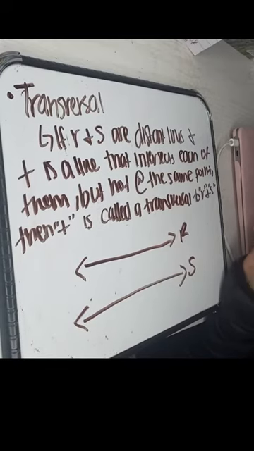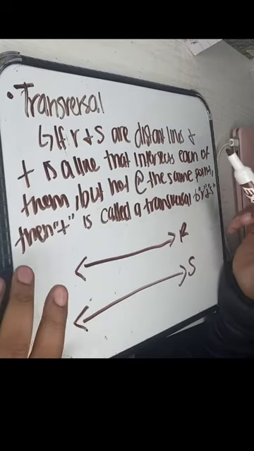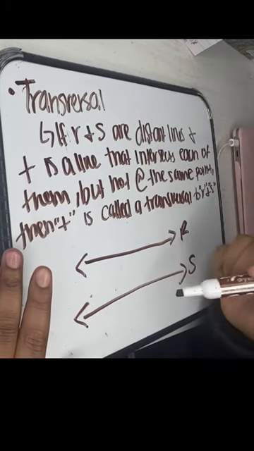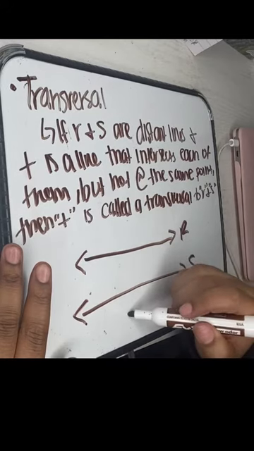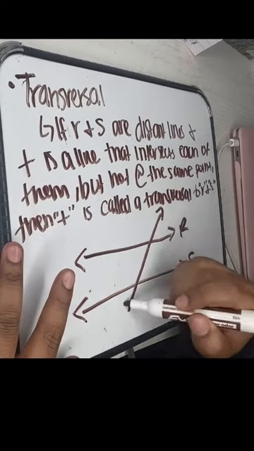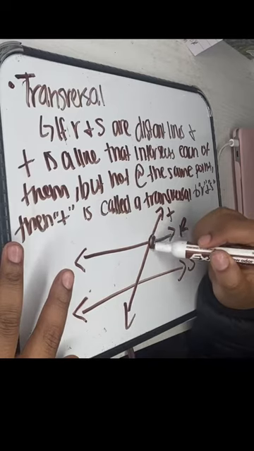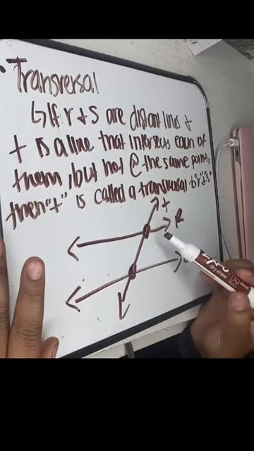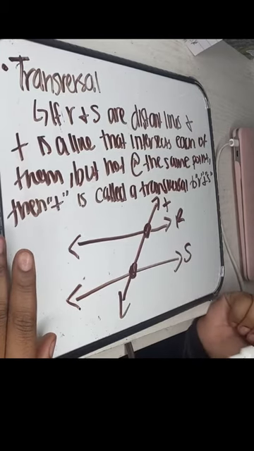But here, that's not the case. It says intersect each of them, but not at the same point. So they will not be at the same point. T goes through both of them, intersects right there at 2 different points. So T will be transversal to R and S.